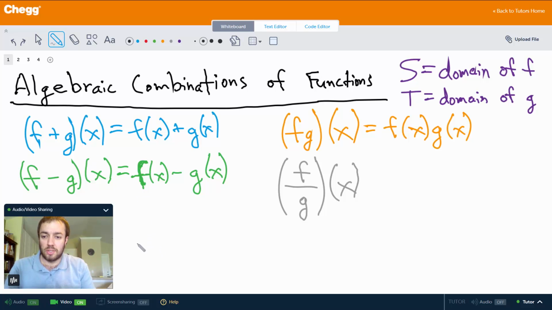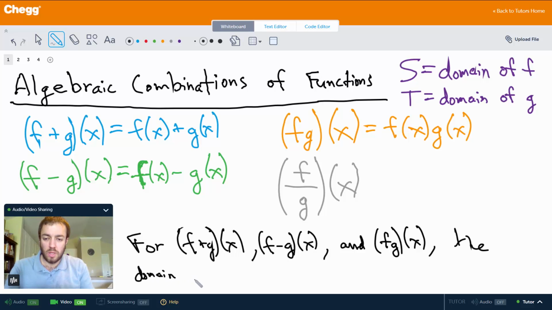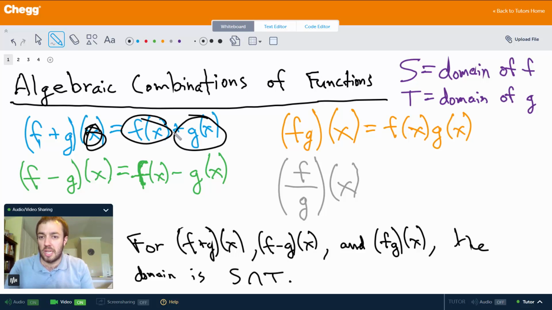So for f plus g of x, f minus g of x, and f times g of x, the domain is S intersected with T. In other words, the domain is the domain of f intersected with the domain of g, because whatever this x is, it has to be in the domain of f and g in order for this to even make sense.